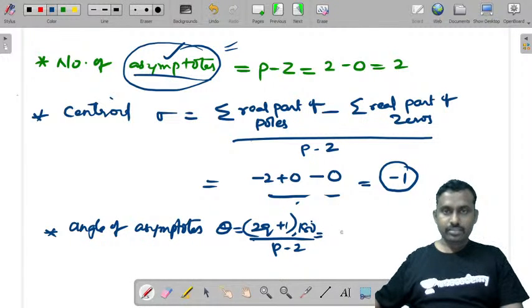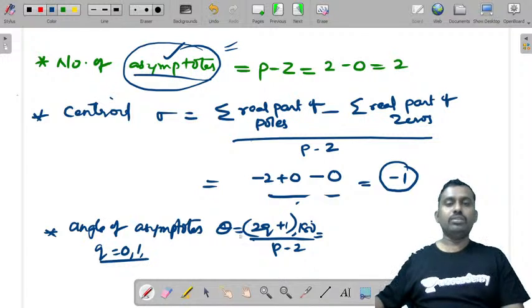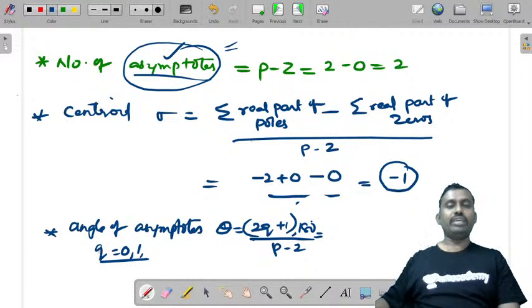If you find this, you need to substitute the values q is equal to 0 and 1, because there are only two asymptotes. Q values depend upon the number of asymptotes. If you have three asymptotes, you substitute q is equal to 0, 1 and 2. If you substitute this, you'll get 90 degrees and 270 degrees.